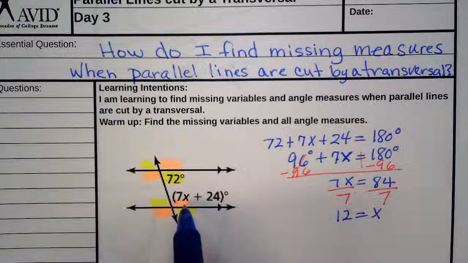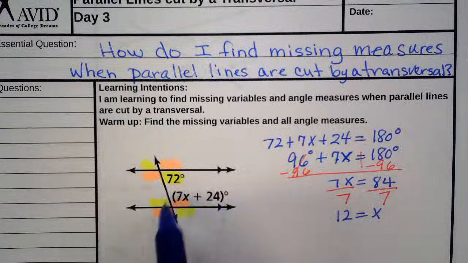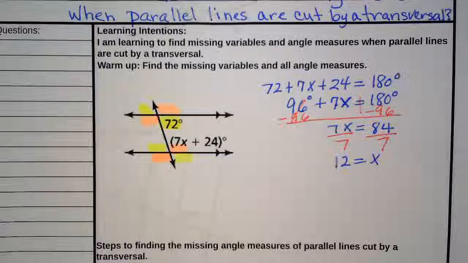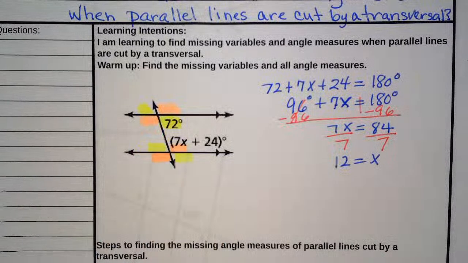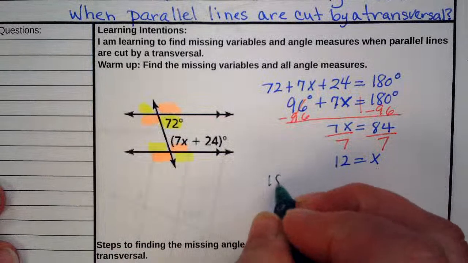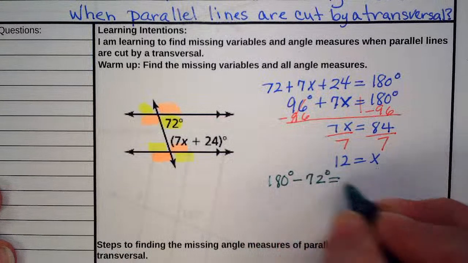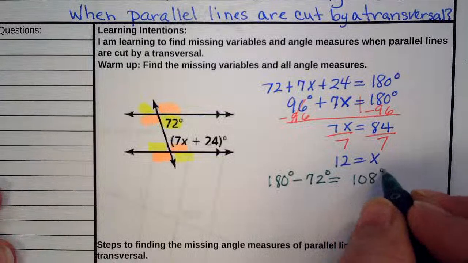So if I put 12 in for x, I will get this number. But there is a quicker, easier way to do it. I know that these two are supplementary, so if I wanted to, I could take 180 degrees minus 72 degrees, and I'd end up with 108 degrees.